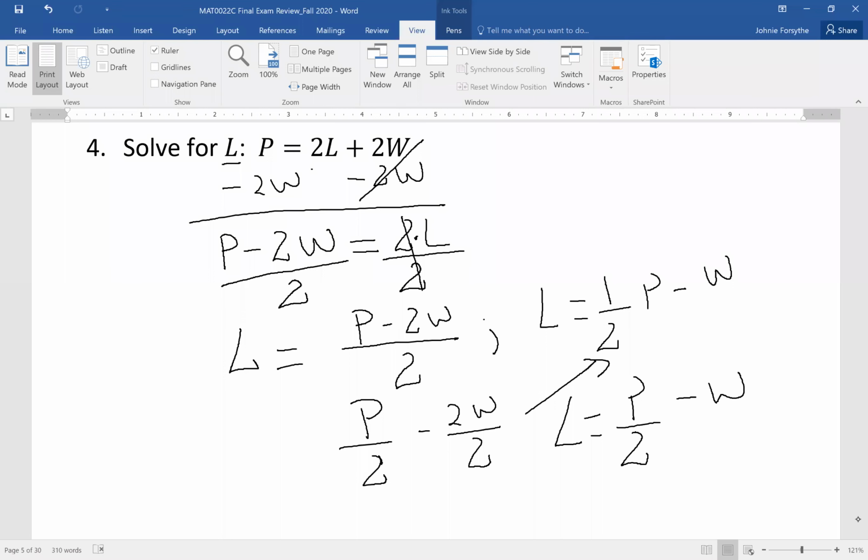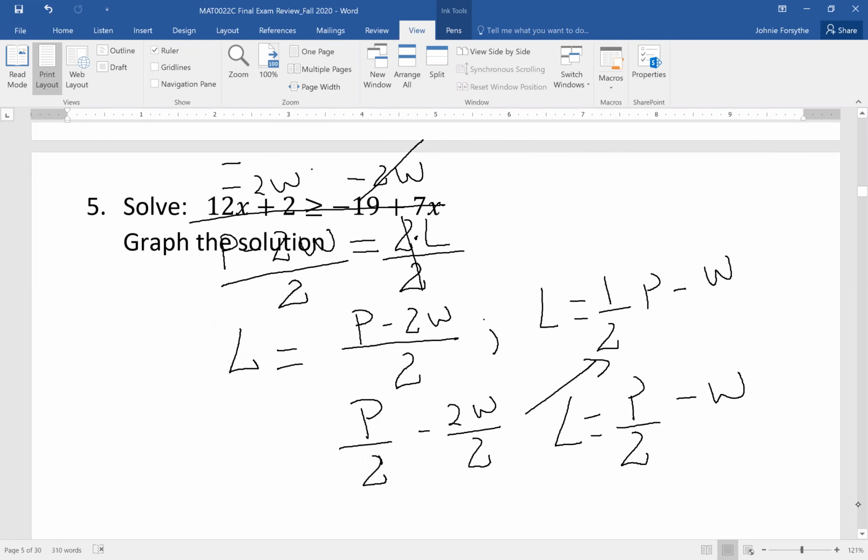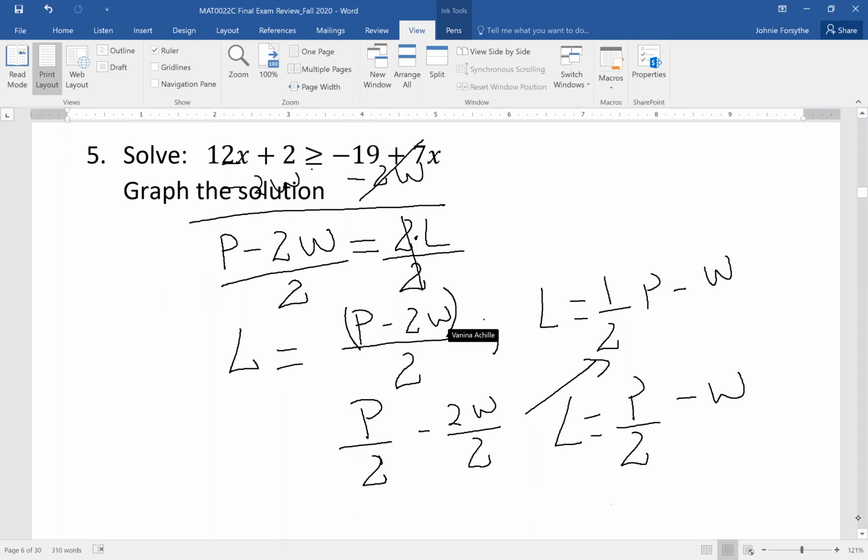Because sometimes students will get the right answer, but they don't type it properly. So just keep an eye on that when you're working on it. I think usually it helps if you have two terms, put parentheses around it.